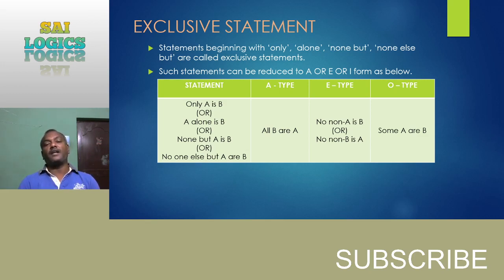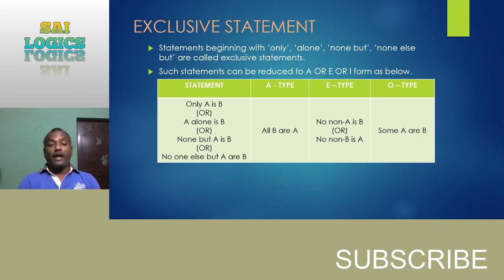We have just understood the types of statements and how to convert a different statement, that means a statement which is beyond the standard type of statements, to the A, E, I and O type of statements.